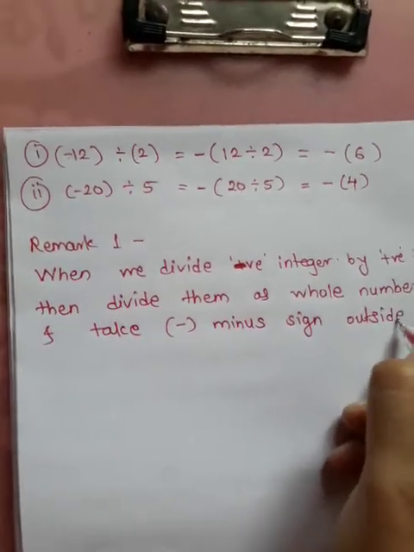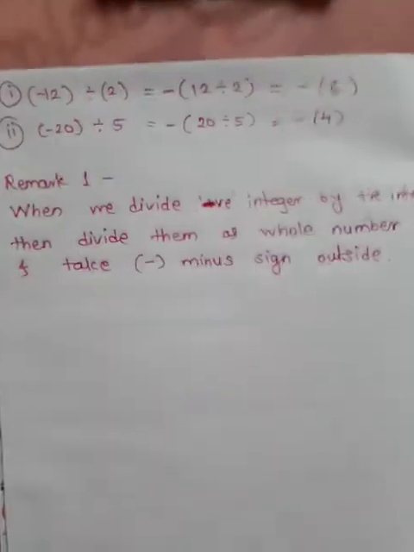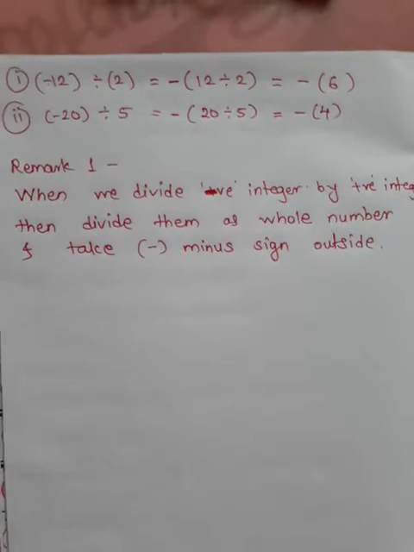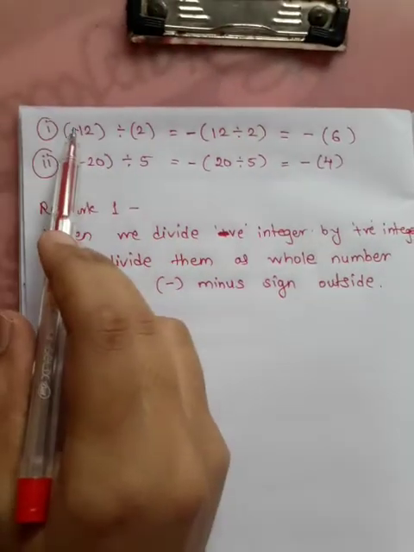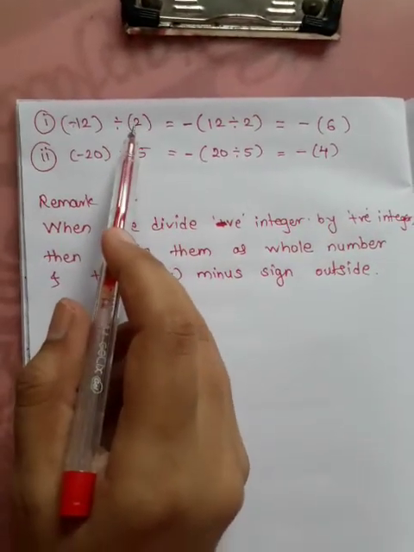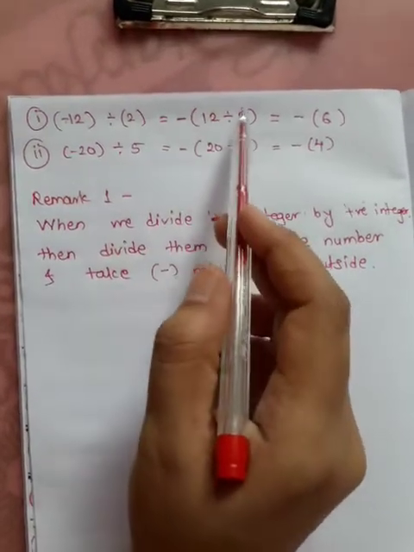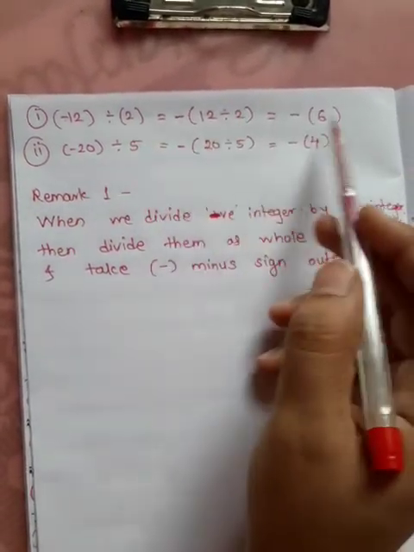So what does the first remark say? When a negative integer is divided by a positive integer, divide them as whole numbers and take the minus sign outside.